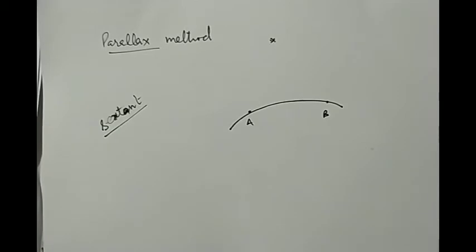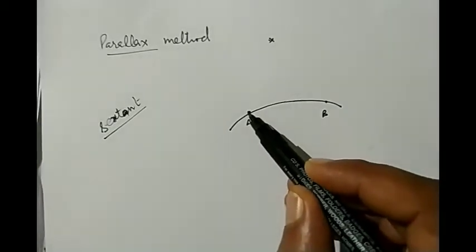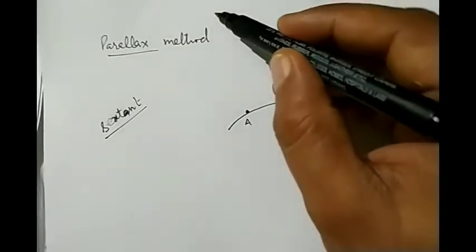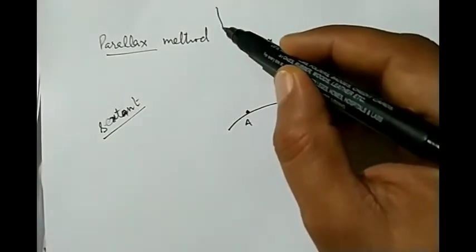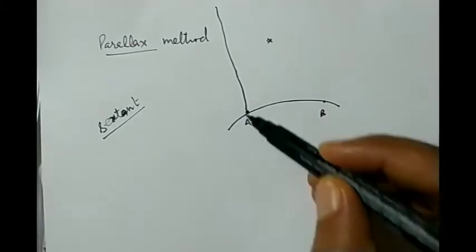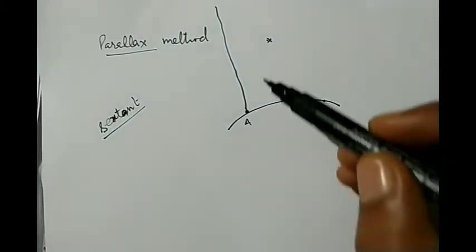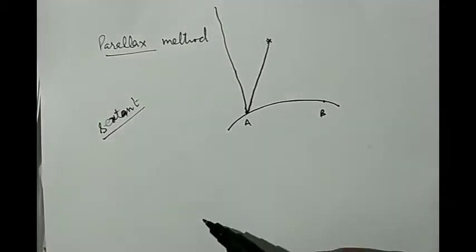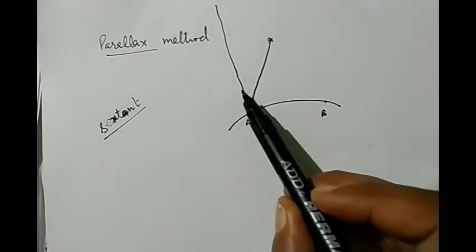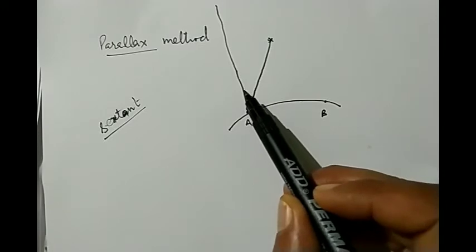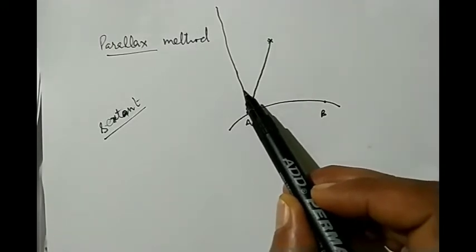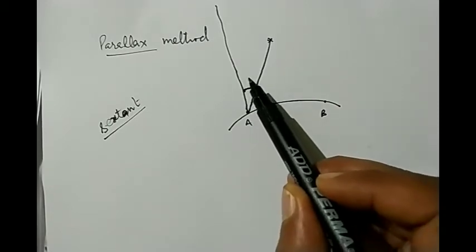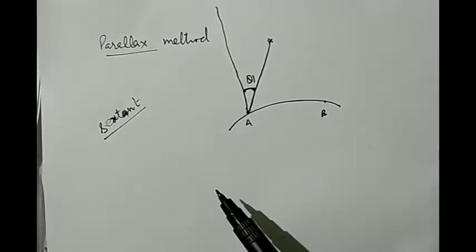Now first I am at a position A, and I will choose a star which is very far away and directly above my head at this location. I will choose the two lines of the sextant, one to a point very far away from the star and the other to the star, and we find out the angle. I take this angle as θ1.